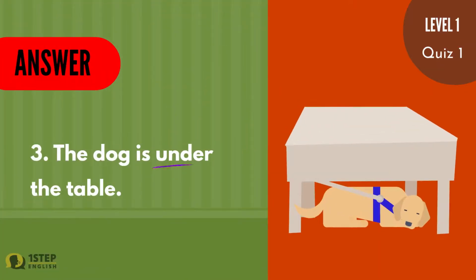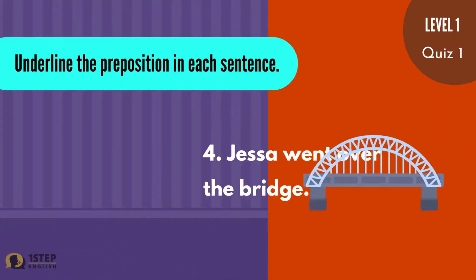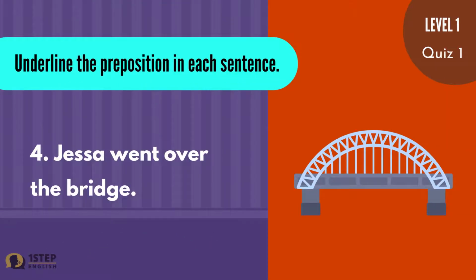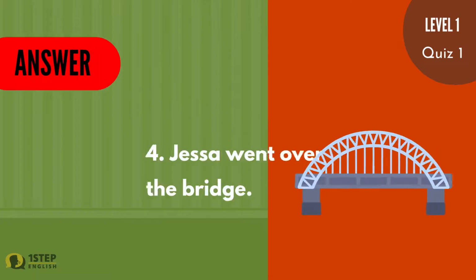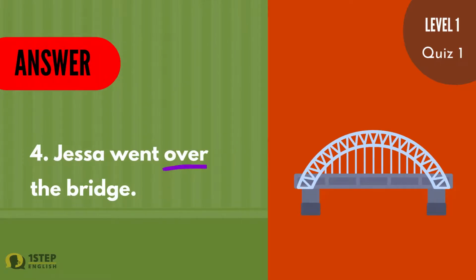The correct answer is under. The dog is under the table. Number 4. Jessa went over the bridge. The correct answer is over. Jessa went over the bridge.